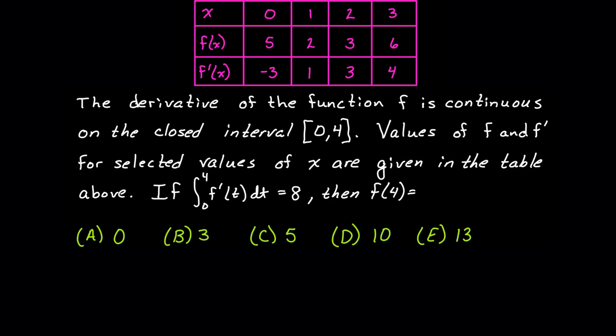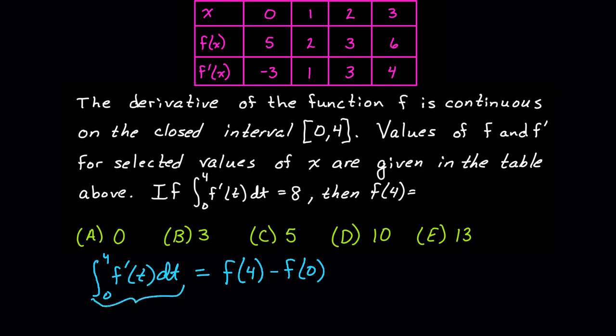So that means if we write this out, the integral from 0 to 4 of f prime would equal just f evaluated between 0 and 4, which means f of 4 minus f of 0. We can plug some values in.